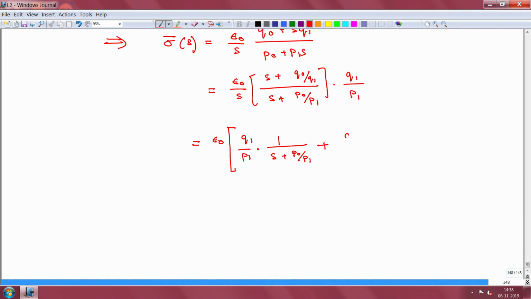In the second one, we have q 1 by p 1 multiplied by q naught by q 1 into 1 by s plus p naught by p 1. Right. So, this simplifies.